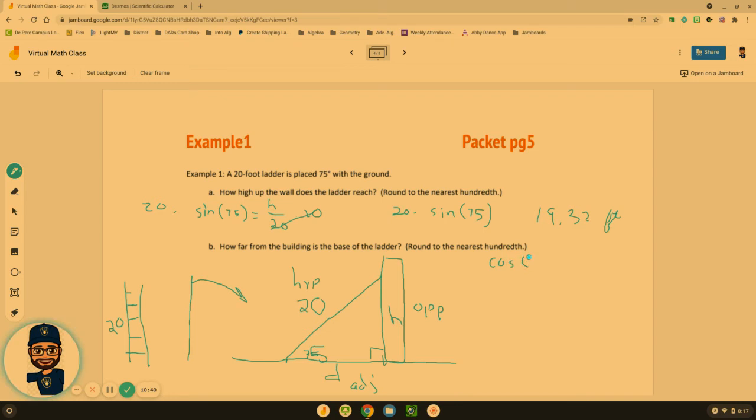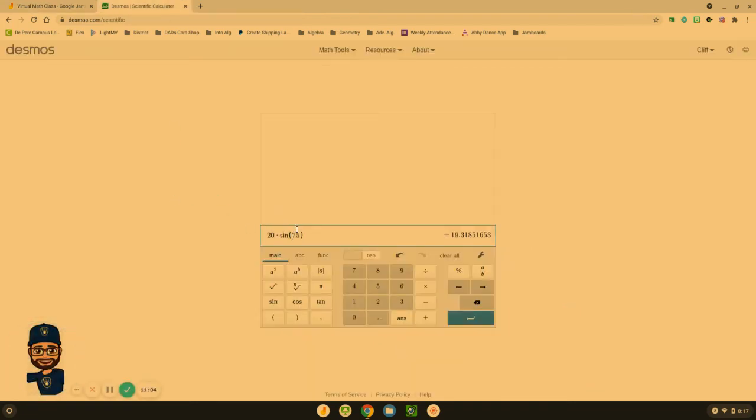Cosine of our angle equals the adjacent side, which we'll call d for distance, over 20, so 20 times the cosine of 75 will have to equal that base distance on the ground. 20 times the cosine of 75 is 5.18.